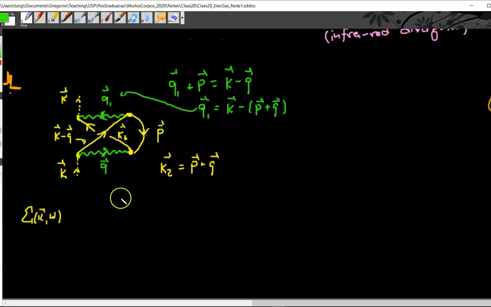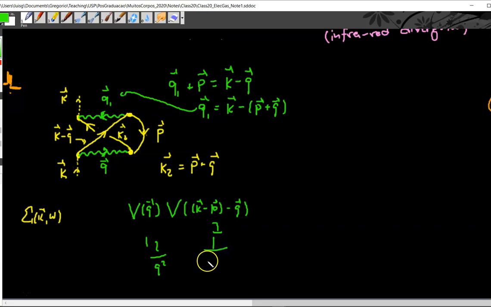So I would get a diagram here with not two lines of q, but one with q and the other one with, say, k minus p minus q. And so this would be q squared, and for the other, if I take this square, I would have k minus p squared minus 2 k minus p times q at most, depending on the angle between these vectors.